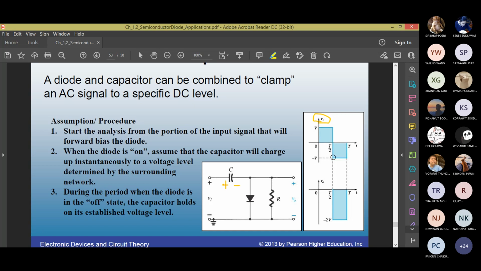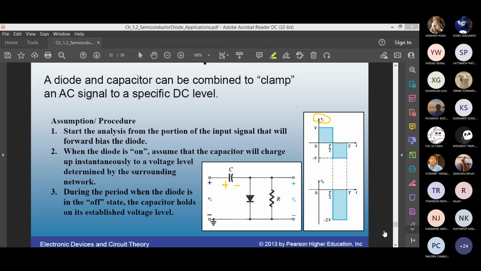And then on the second half cycle, the negative half cycle, you have minus, plus. Look at the diode orientation and tell me during which half cycle the diode will be forward biased. Positive half cycle, because it is anode, it is cathode, which means you start analysis with the part where the diode is forward biased.